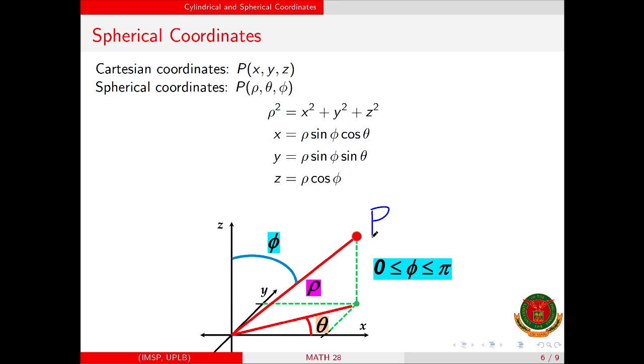The distance of this point from the origin is rho.